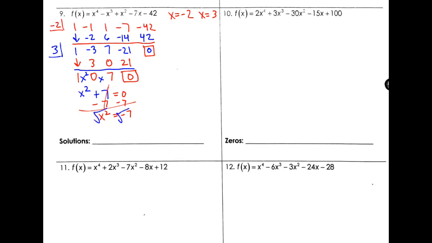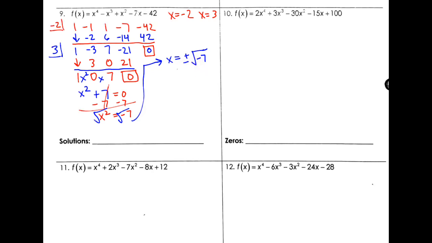Square root. That'll leave us with x is equal to plus or minus radical negative 7. But remember, this must come out in front as an i.